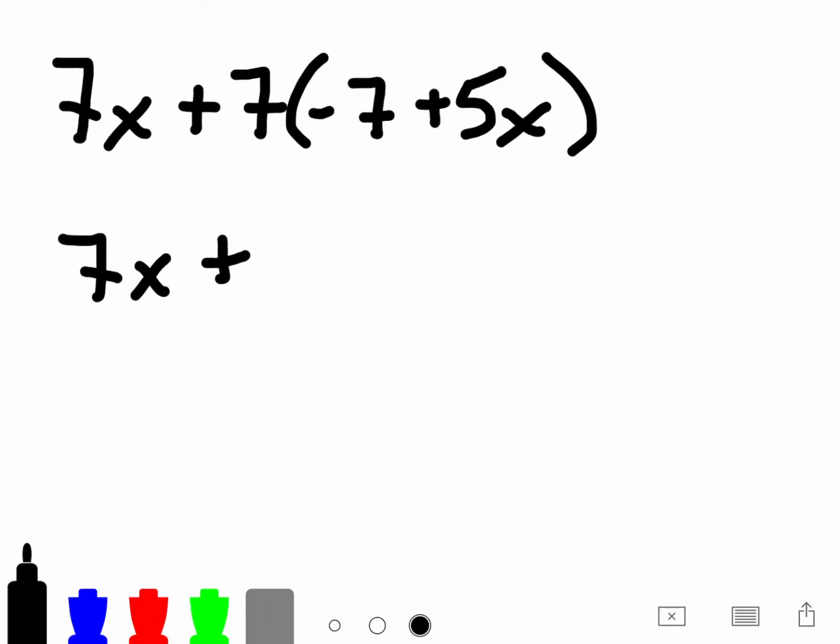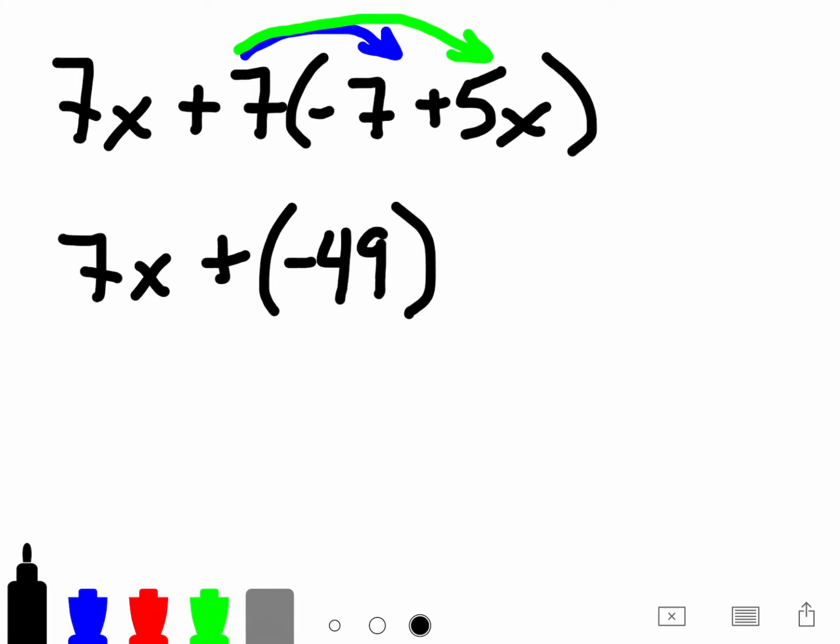But I can see that I'm going to need to distribute this 7 to the -7 and to the 5x. So let's do that. 7 times a -7 is -49. Plus 7 times a 5x is going to be 35x.